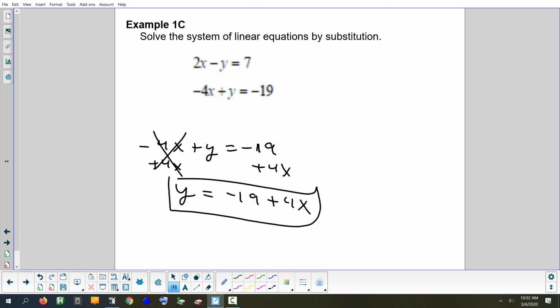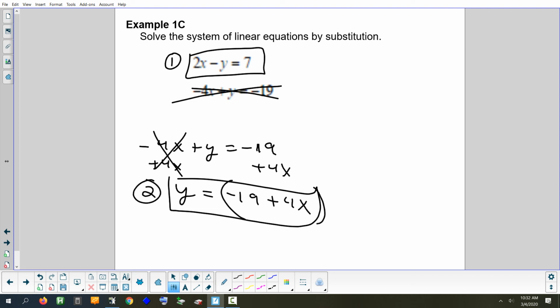Do we need this bottom one anymore? No, cross it out, it's gone. You've rearranged it, you never need to use it again. That's equation 1. That's equation 2. Now, what are we going to do with this negative 19 plus 4x? Where are we going to plug it in? We're going to plug it in right there to the y.